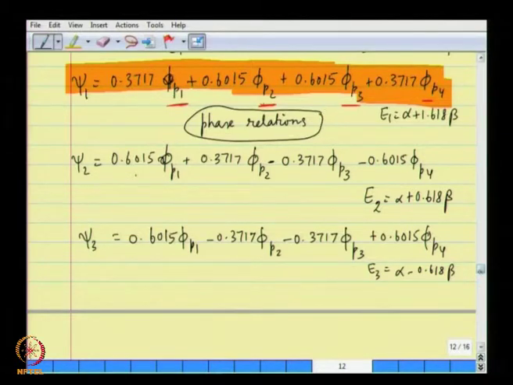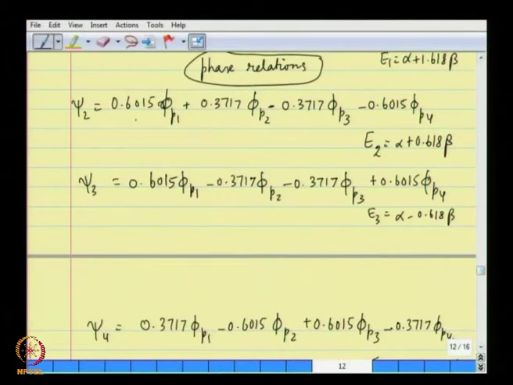And if you look at the second orbital, the phase relations are peculiar in the sense the third, φp3, and the fourth, φp4, come with a minus sign, and therefore the molecular orbital is such that φp1 and φp2 are both positive and this is negative, therefore somewhere along that there is a node right in between p2 and p3.